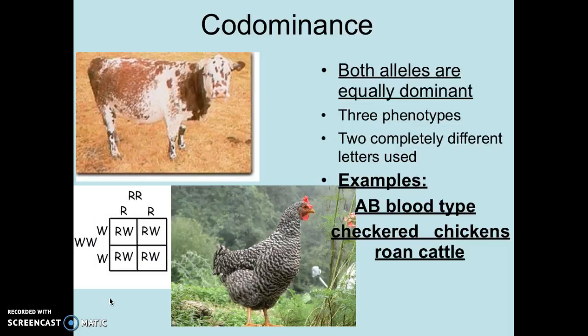It has A blood and B blood sort of together. So please, if you'll pause the video and fill in under codominance that both alleles are equally dominant, and the examples. And then you need to solve for those 2 questions, or 2 matings, that deal with checkered chickens.